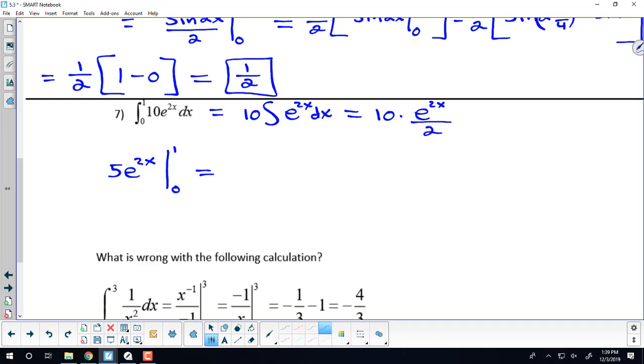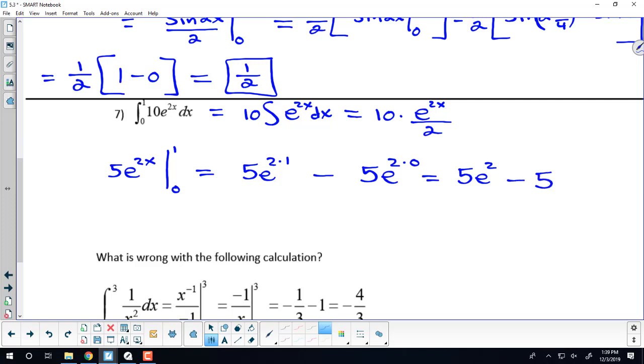So either leave the 5 in with it, or you could take the 5 out. The 0 and the 1 are just going in for this x here. So there's f of b minus f of a. So we have 5e squared. e to the 0 is 1.